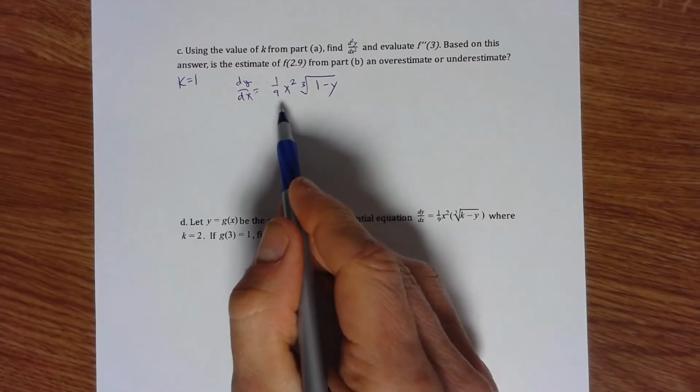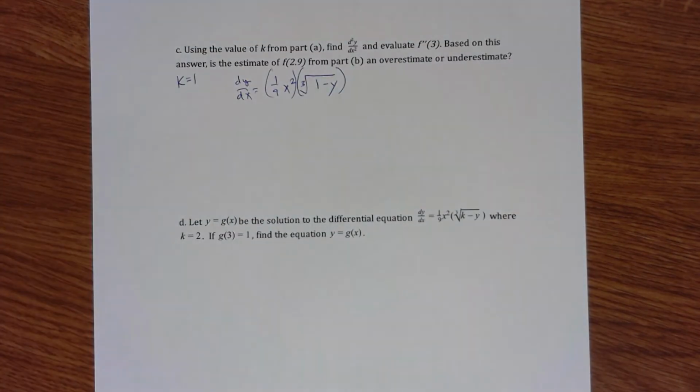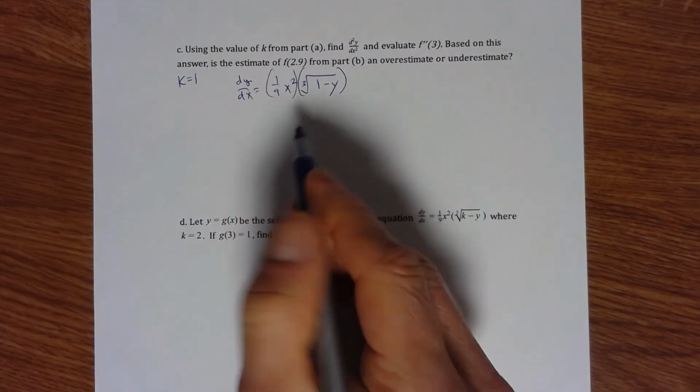Now, while this refocuses, let's think about this. This is going to be a product rule question here. The reason why it's going to be a product rule question is we have 1/9 x squared as a function, and we have the cube root of 1 minus y as a function.